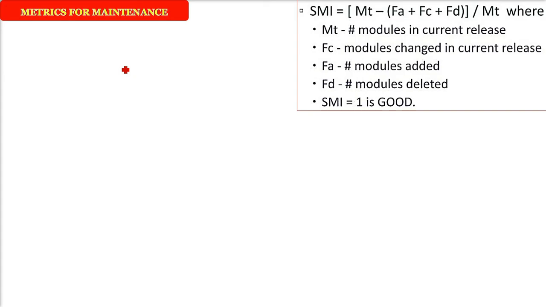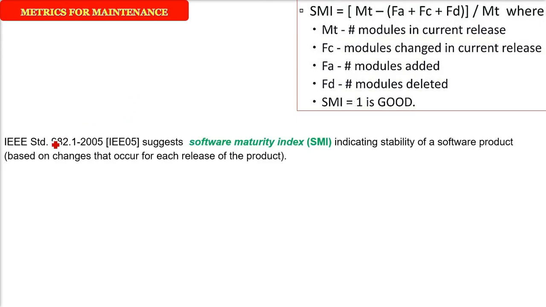Metrics for maintenance. Whenever you deliver the software or give various versions, there will be maintenance. That is, a module will be changed, something will be modified. The IEEE standard 982.1-2005 suggests the software maturity index.